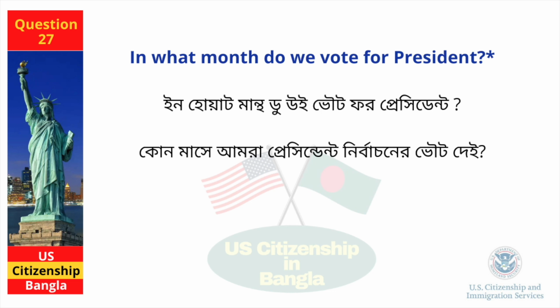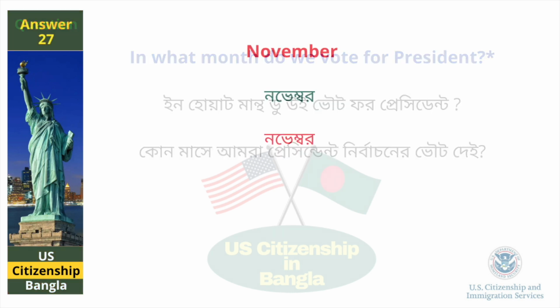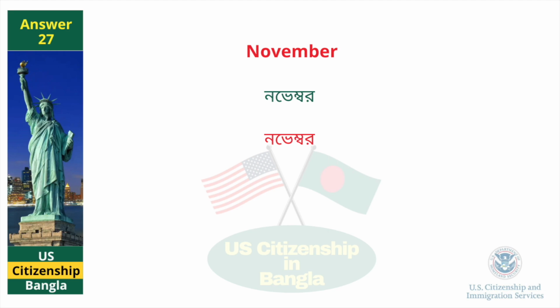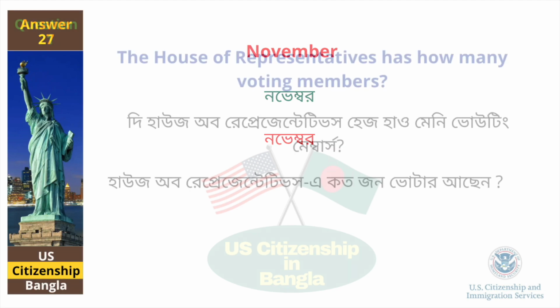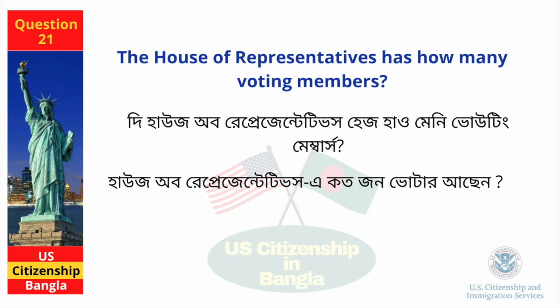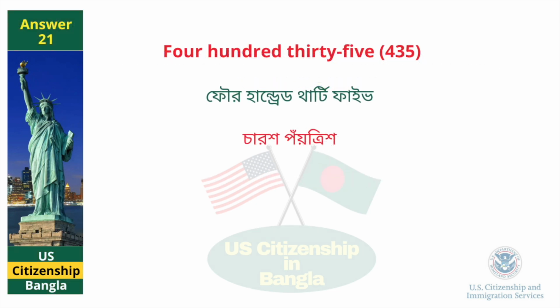In what month do we vote for president? November. The House of Representatives has how many voting members? 435.